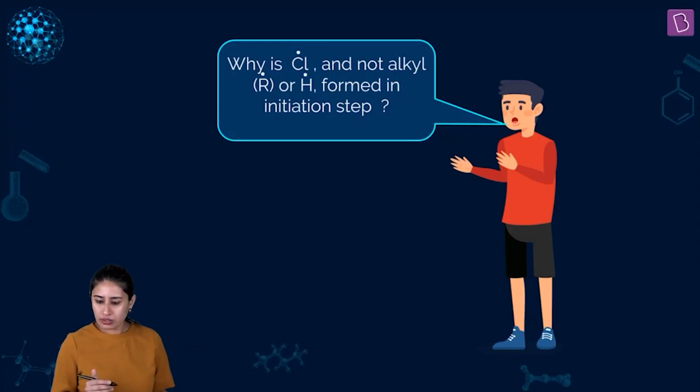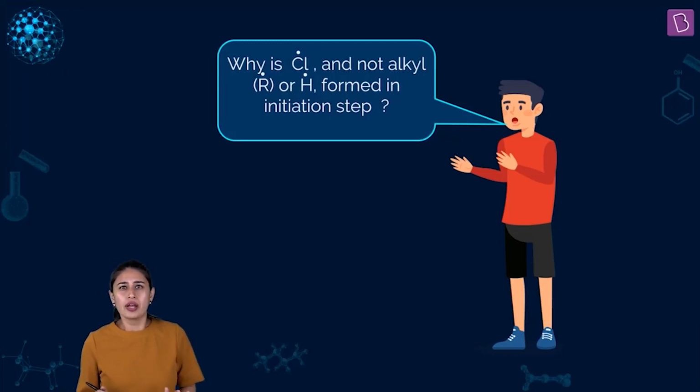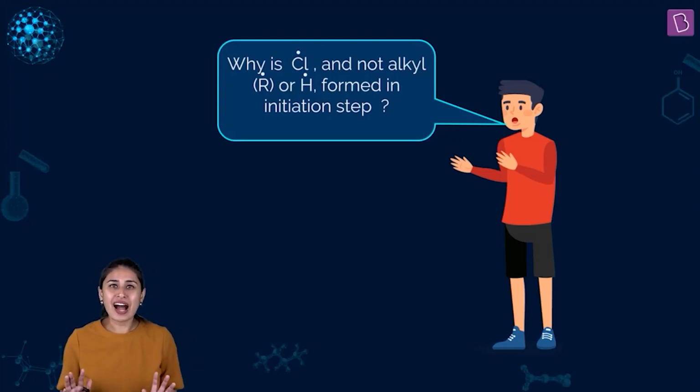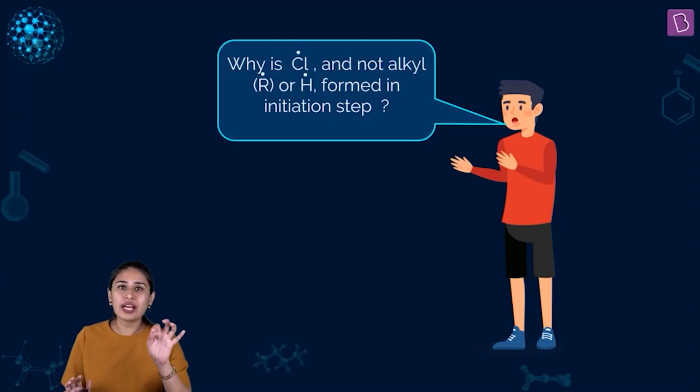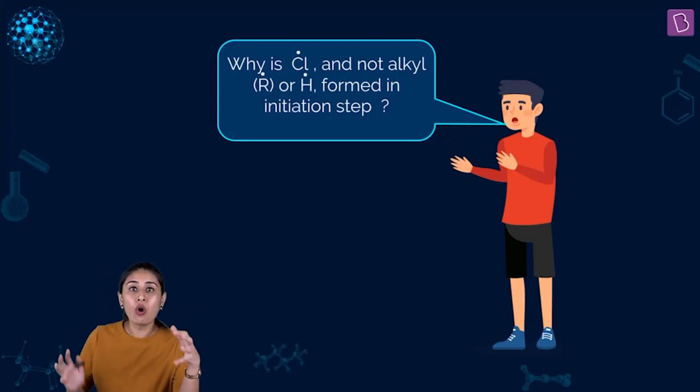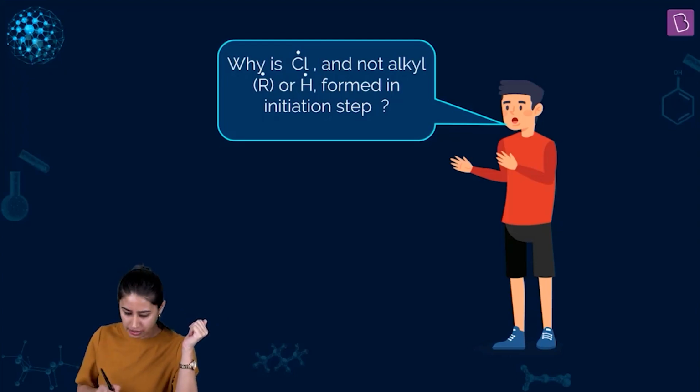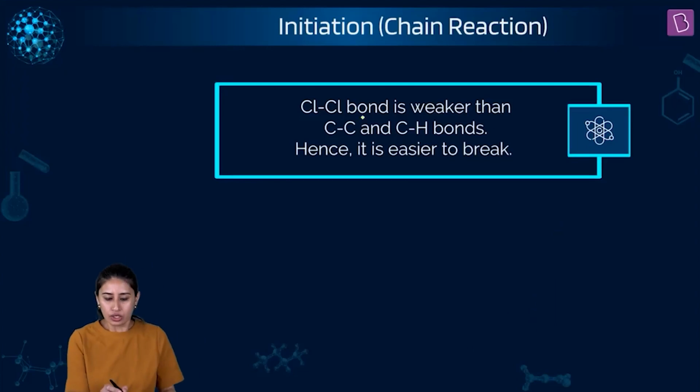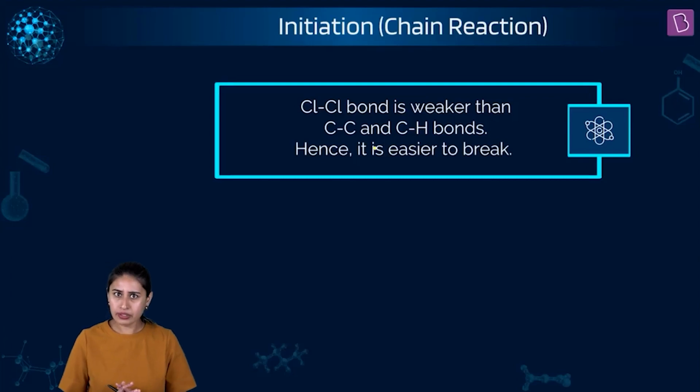So the reason: wherever such questions are asked, one thing that should strike your mind immediately is the bond strength. That plays a major role. Absolutely major role. Check this out. The chlorine-chlorine bond is weaker. Of course. Was it not common sense? So the chlorine-chlorine bond is weaker than carbon-carbon.